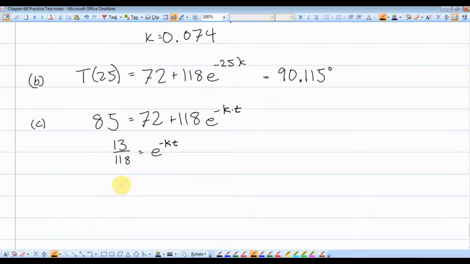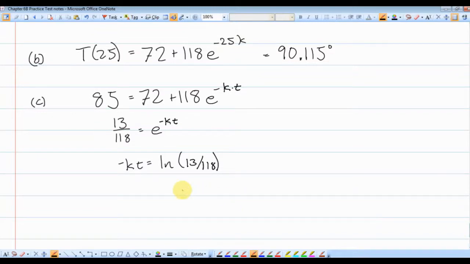So I took this, negative KT, equals the natural log of 13 over 118. So T equals negative 1 over K, natural log of 13 over 118.